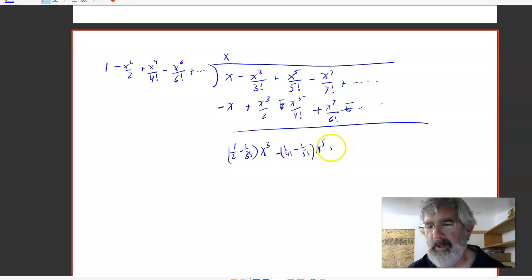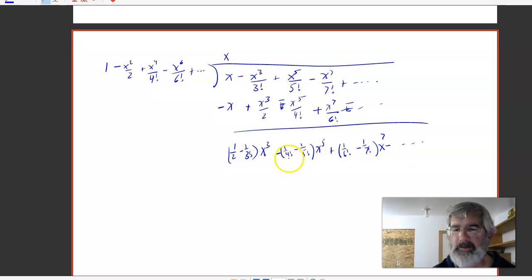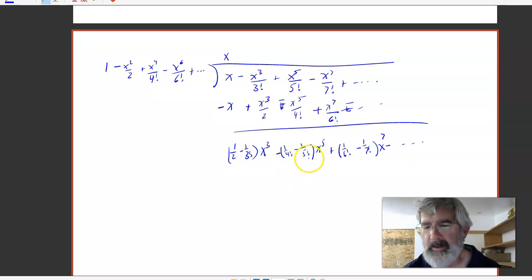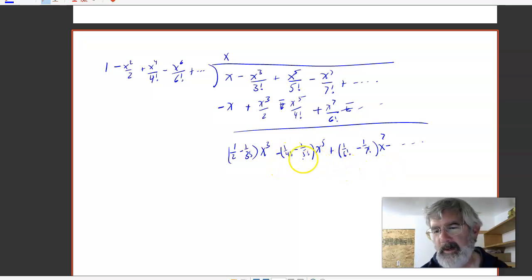And then plus 1 over 6 factorial minus 1 over 7 factorial x to the 7 minus and so on. Notice I chose to write this one here as I did. Sorry, I don't know if you can tell where I'm pointing. Right here.